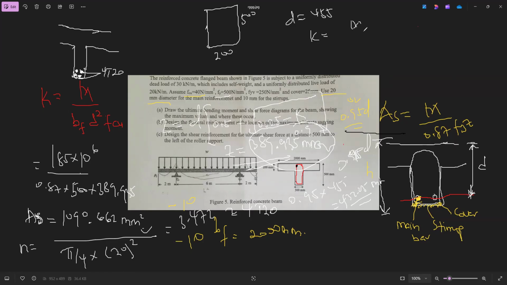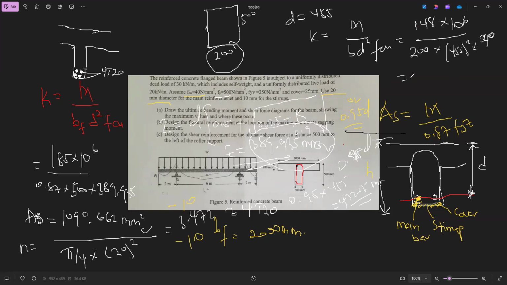K, your K, M over bd squared fcu. What's the moment for the hogging? Minus 148. Then the b, you use b of this, and d is 455 squared times fcu, which is 40. So calculate it and let me see.